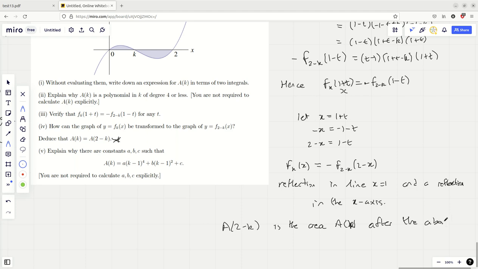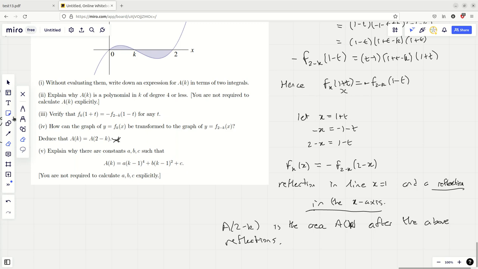And is a reflection going to actually change the area? Well, definitely not that kind of reflection, because that's a reflection in the x-axis. So that doesn't matter.